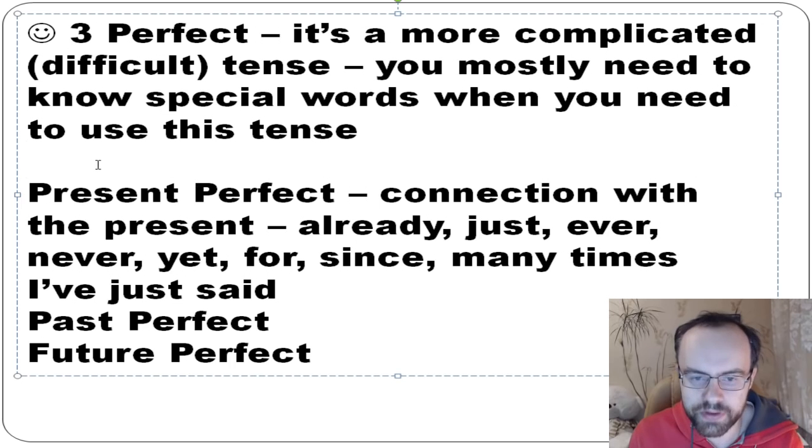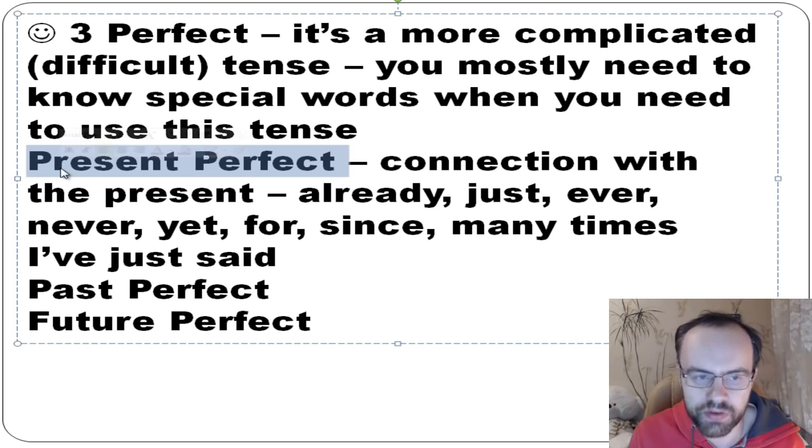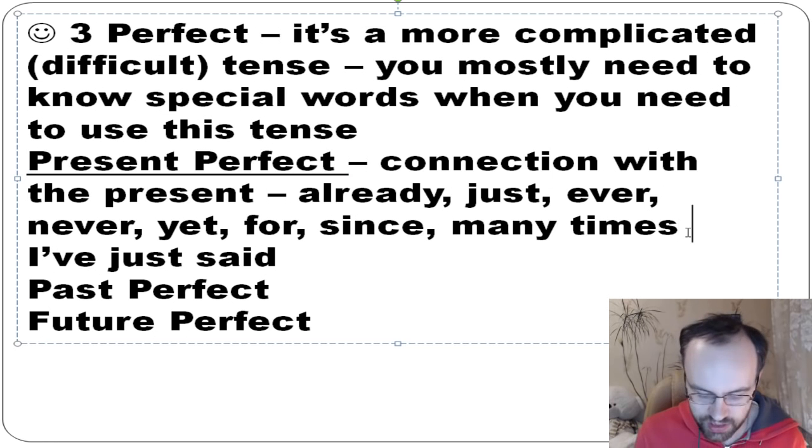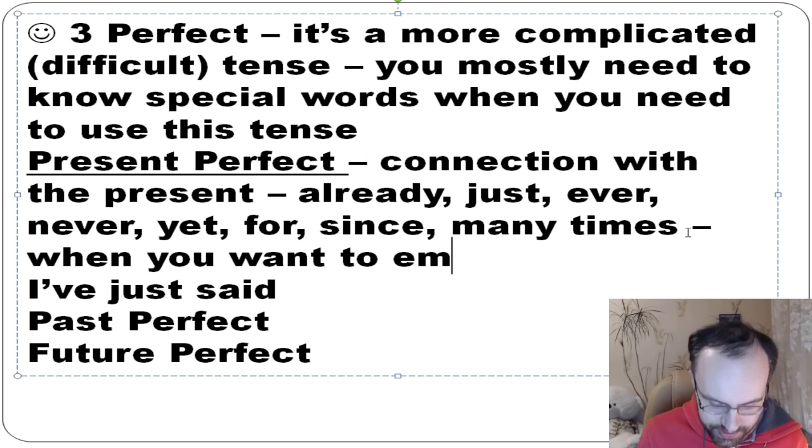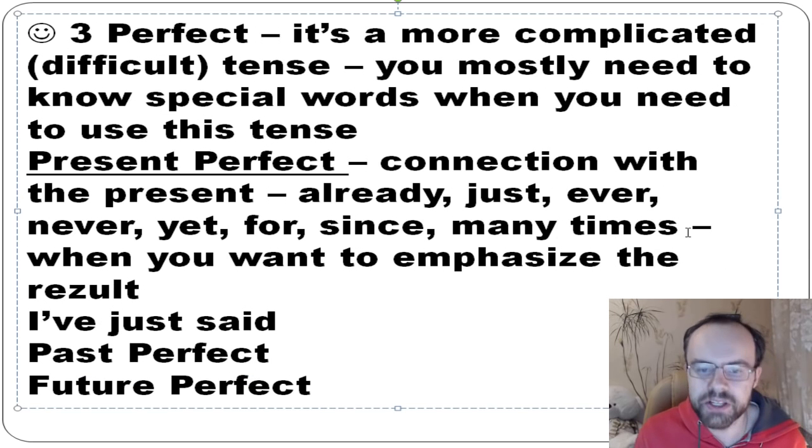But the most important thing is the connection with the present, and when you want to emphasize the result, to say that it's really important.